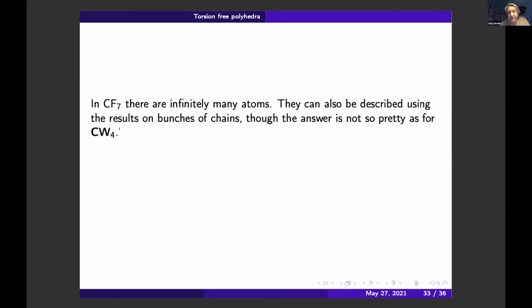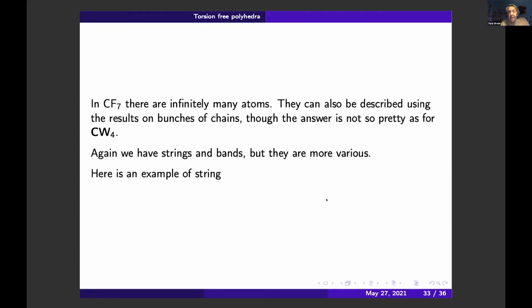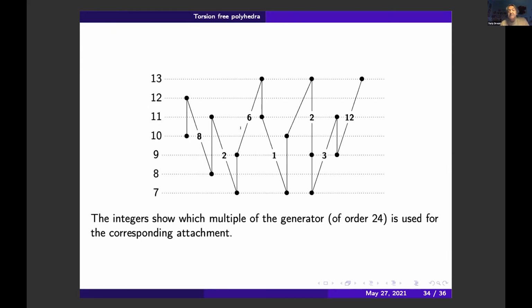But in CF, if we take n equals 7, then there will be infinitely many torsion-free atoms. They can also be described using the results on bunches of chains, strings and bands. But these strings and bands are more complicated than before. They're not so regular. For instance, this is an example of a string.